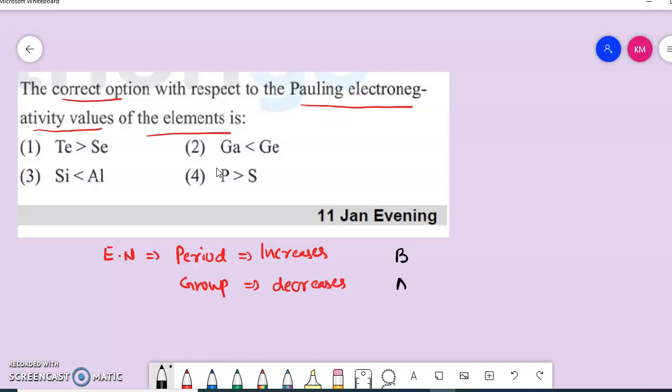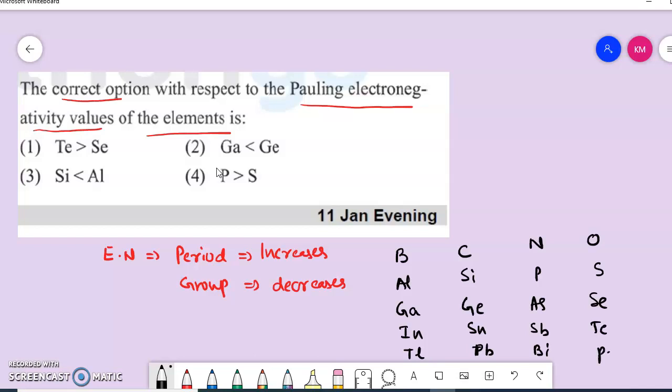Group 13: boron, aluminium, gallium, indium, thallium. Next, carbon, silicon, germanium, tin, lead. And next, nitrogen, phosphorus, arsenic, antimony, bismuth. This I am giving for understanding.